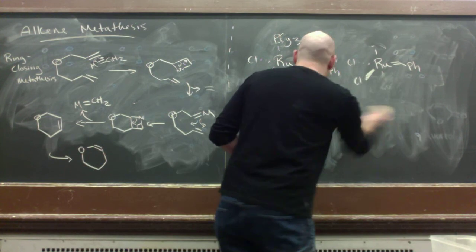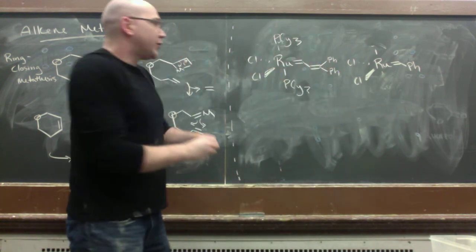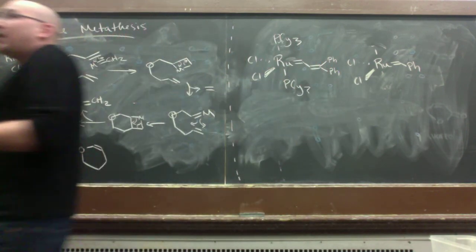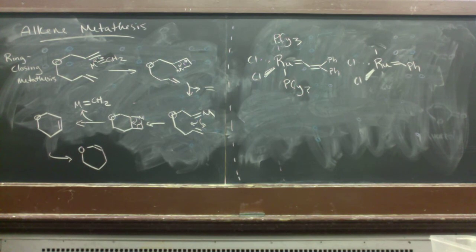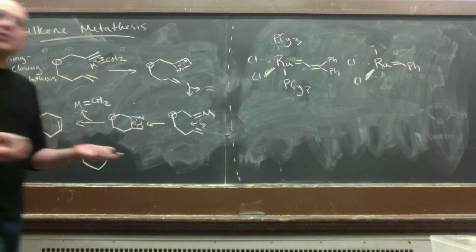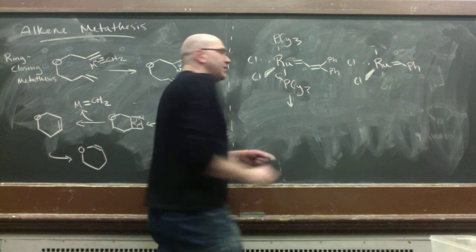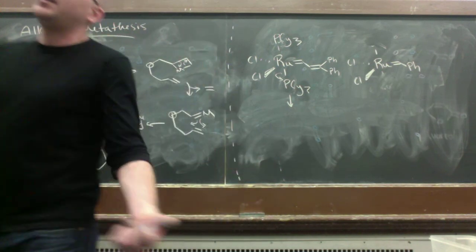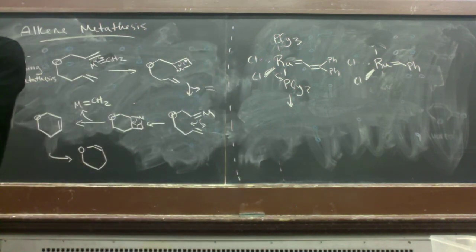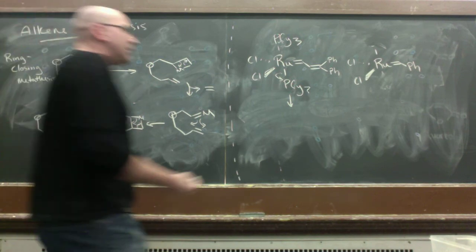Now, the first reaction, so when you have this molecule coordinating, the first thing that has to happen in this reaction is you need to get the other alkene nearby. And again, getting into organometallic chemistry, the first step that would have to take place is that the phosphine would have to dissociate from the metal to provide some space where the new alkene could come in.